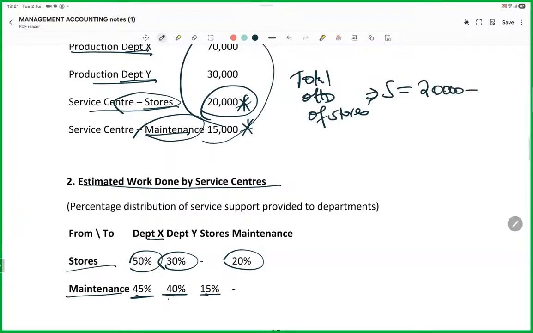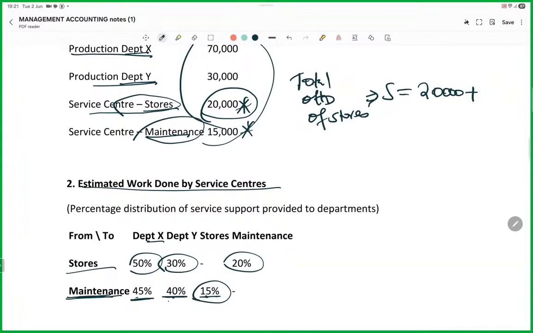Plus, remember, stores itself is getting some service from other departments. It is getting a service from which department here specifically? It is getting a service here from maintenance. What percentage? So it is getting 15% of maintenance like that. I know you have understood nothing, but just first of all, write. And then I'll explain.